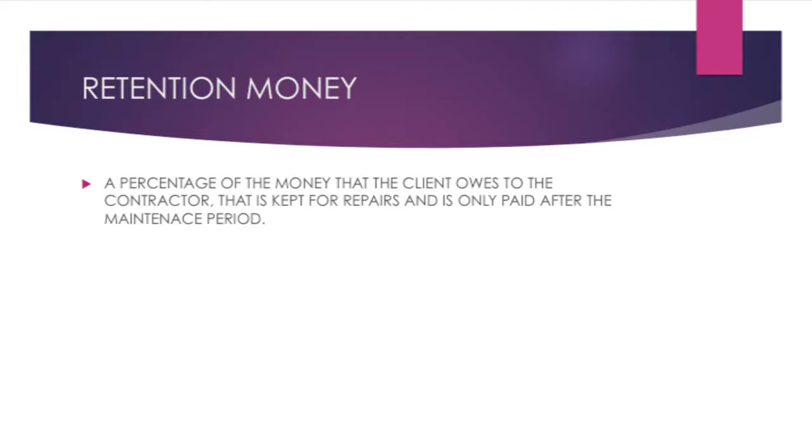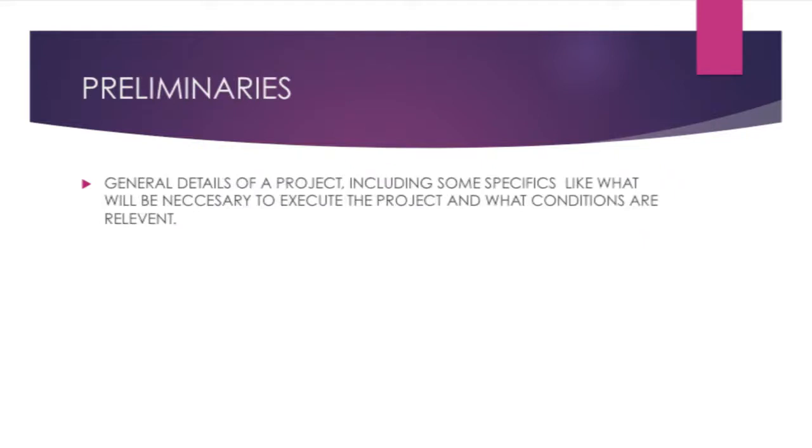Moving to the next slide, we have the preliminaries. The preliminaries are the general details of a project, which include specifics like what will be necessary to execute the project and what conditions are relevant.